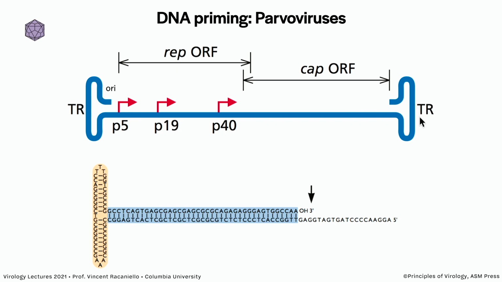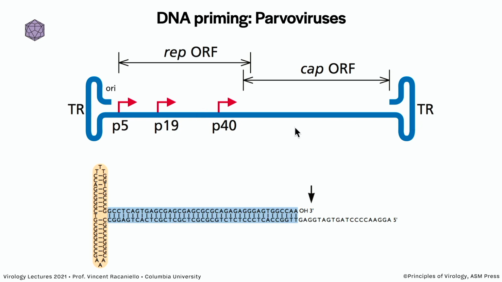And both ends are terminally repeated, and that works as shown at the bottom. Here's the nucleotide sequence. So we have the genome, and it turns out it is self-complementary. So it can base pair with itself in this way to form a T structure, and that's the terminal repeat. So it's an inverted terminal repeat, and they're present at both ends.